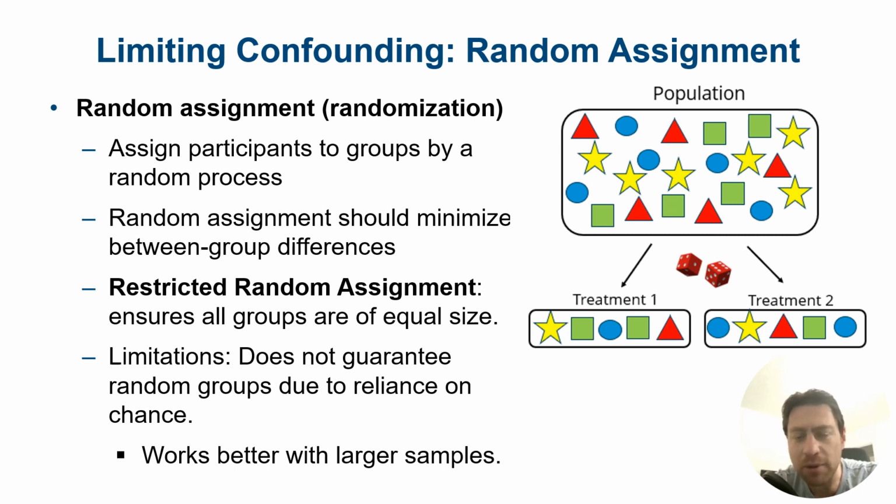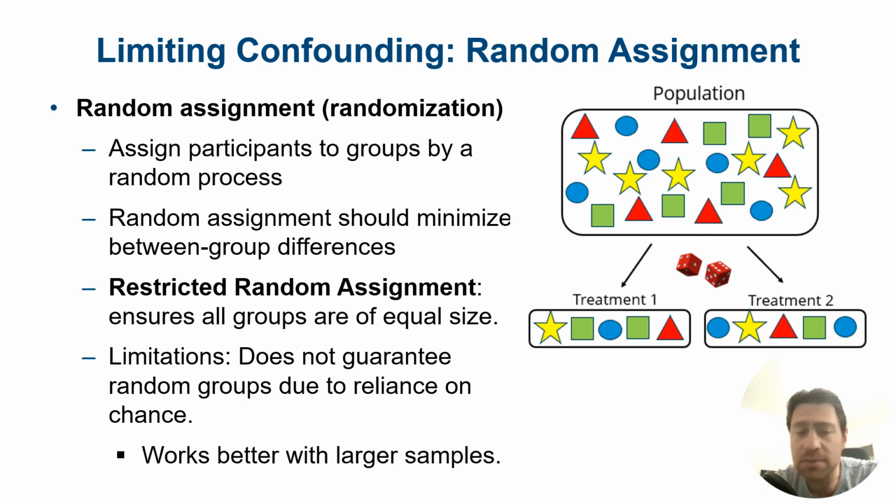Now, many people will also use what is called restricted random assignment, and this is done to ensure that your groups are of the same size. And so this is important when you are comparing scores across groups. You want those groups to be the same size or of a similar size.